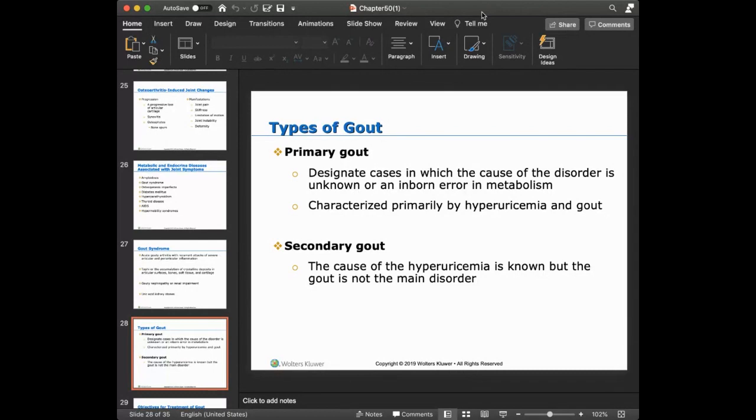Primary gout is typically a problem with metabolism, so they have high uric acid levels. In secondary gout, the high uric acid levels come from some other disease, where gout is not the primary cause of their high uric acid levels.